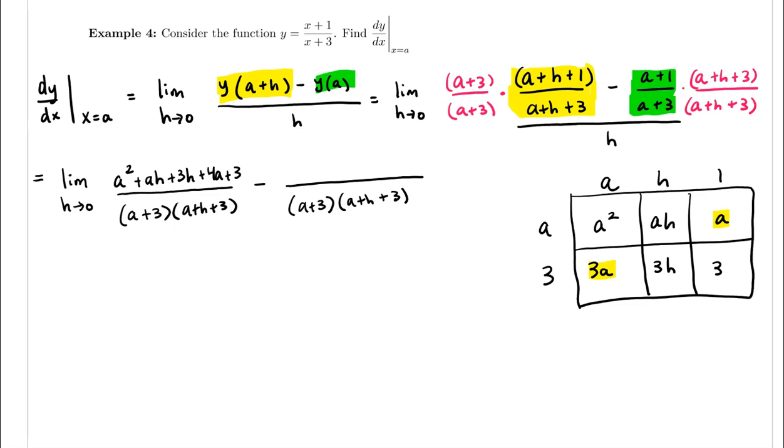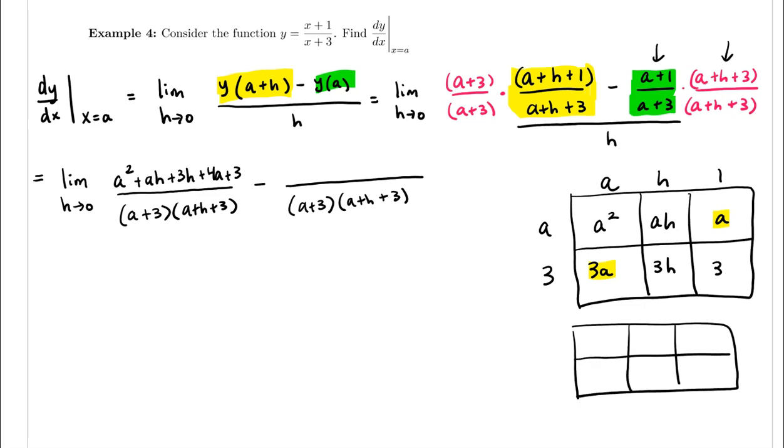Now, in the second fraction, I need to multiply a plus 1 times this polynomial here. So I have a plus 1. Here I have a plus h plus 3. And again, we have those same like terms.